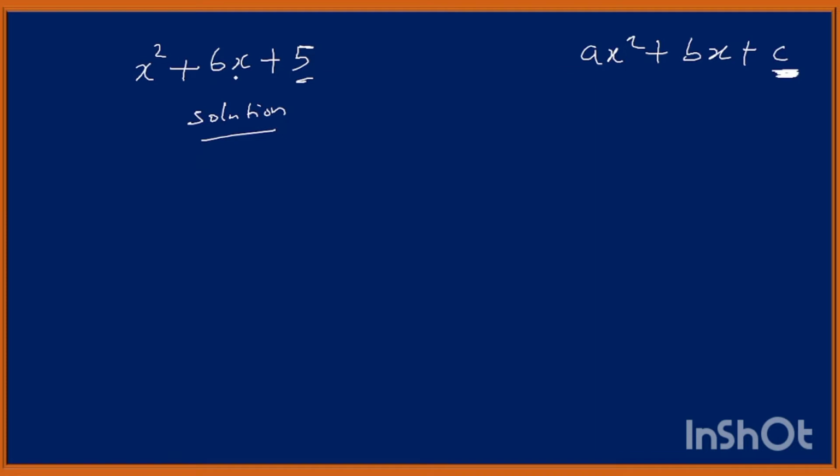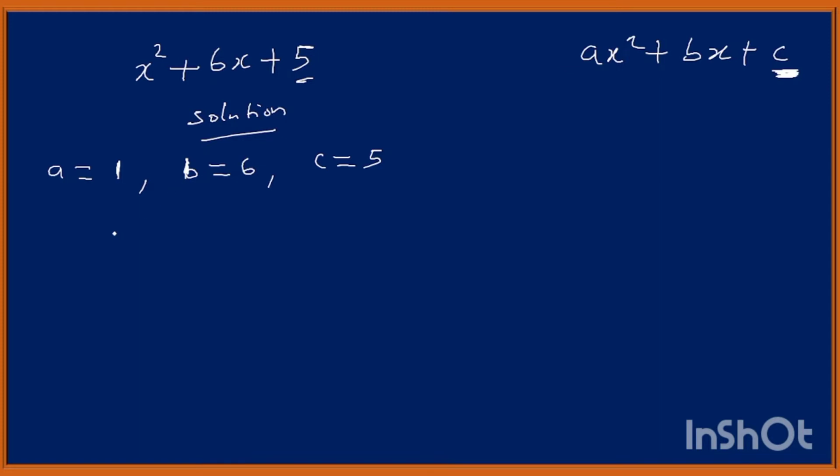So from this expression, I see that my a is equal to 1 if I compare this expression and this general form of a quadratic expression. That means there's an invisible 1 here, which is a equals 1. My b is equal to 6 and my c is equal to 5.